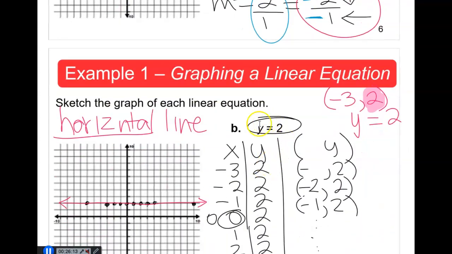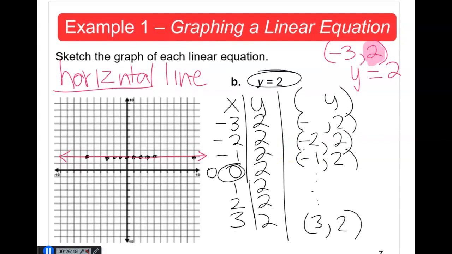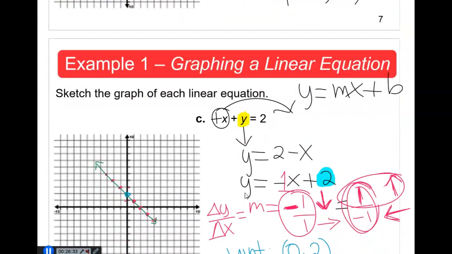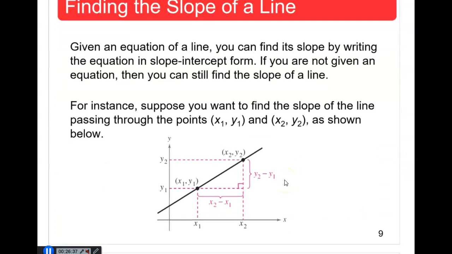And here we said the slope is 0. Actually, we should write that down. M, remember, for mountain, slope is equal to 0, the rate of change. So if that is the slope, by looking at the equation here, we said the slope is -1.